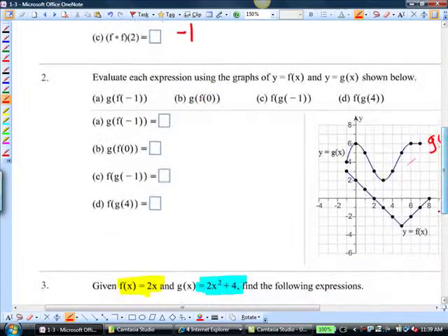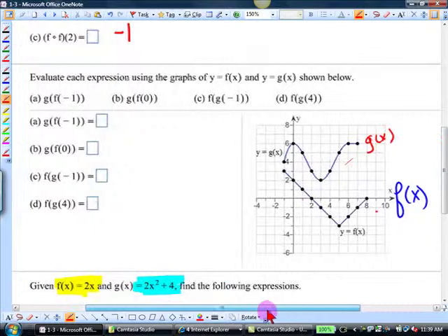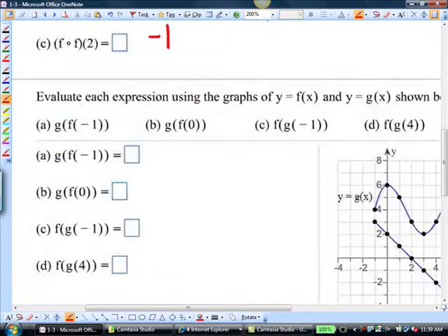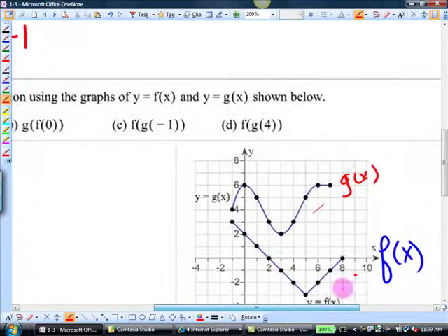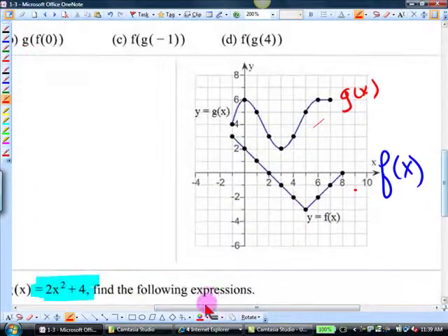And then we've got the same thing here. So we've got an f of x, we've got a g of x. Where's our x line? It's the x-axis. And we are supposed to find g of f of -1.